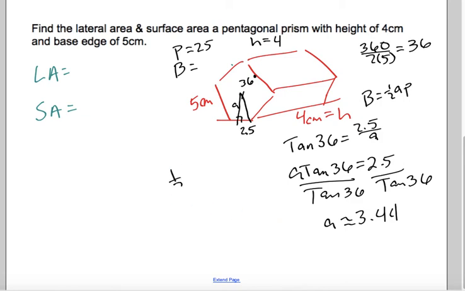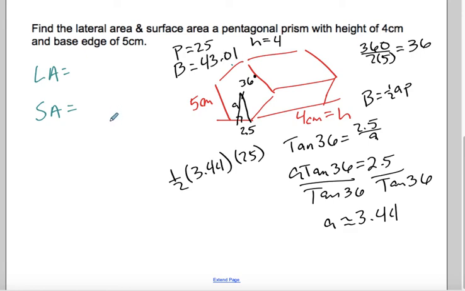So I'm going to do 1/2 of the apothem times the perimeter. And I'm going to use the full decimal that I have in my calculator. And I'm getting 43.01 for the base area.